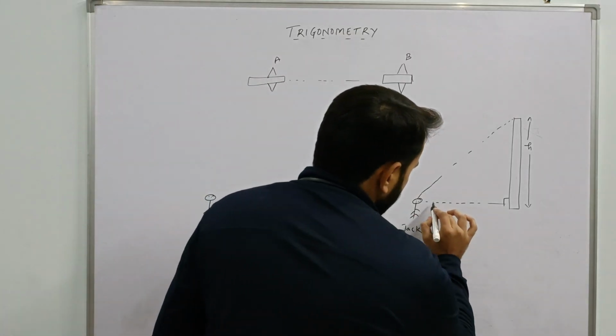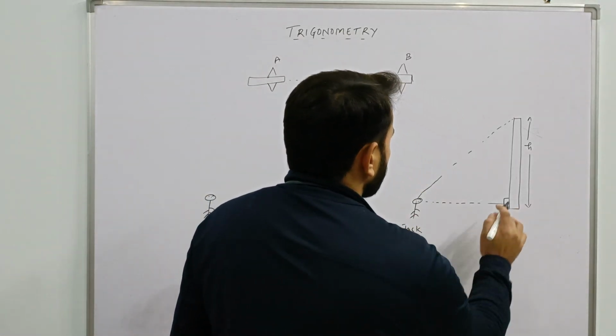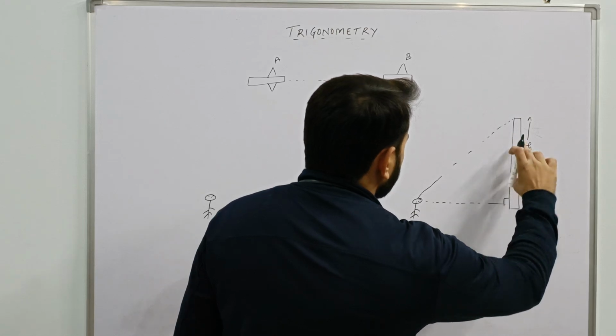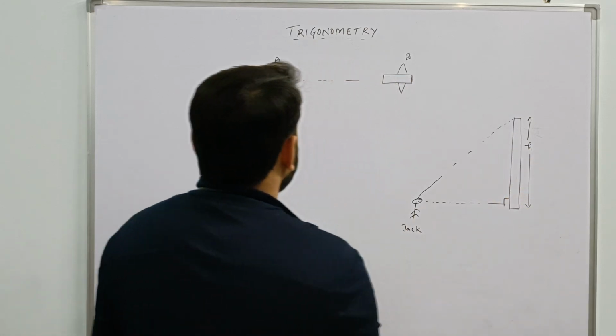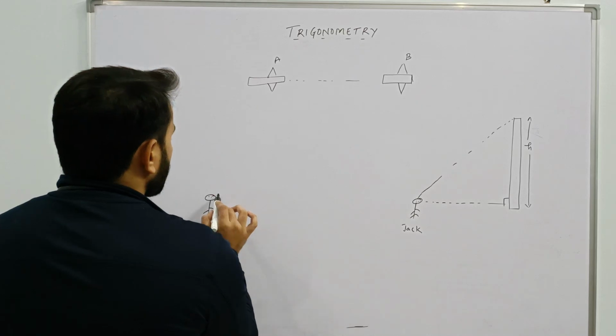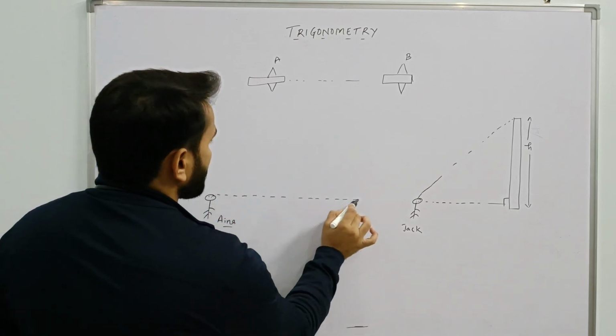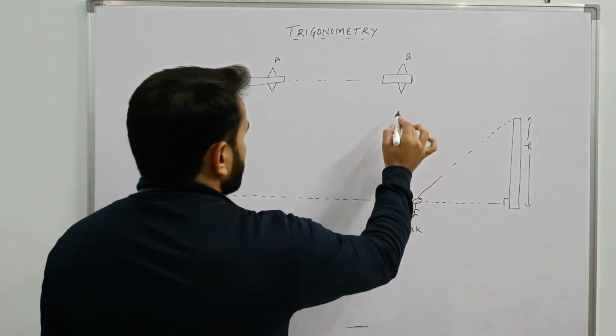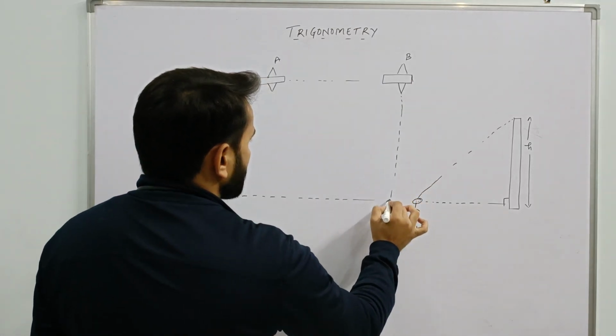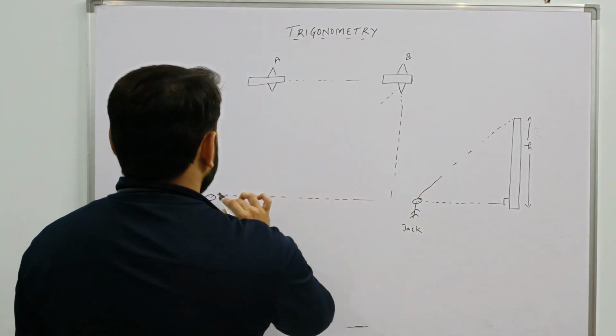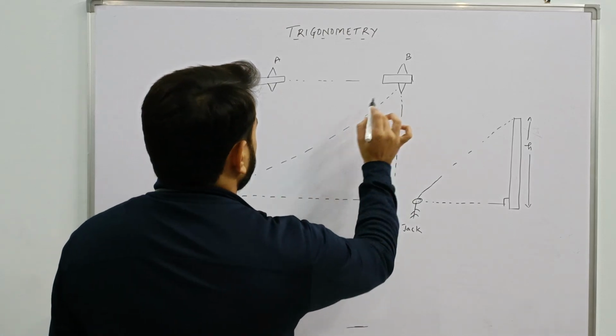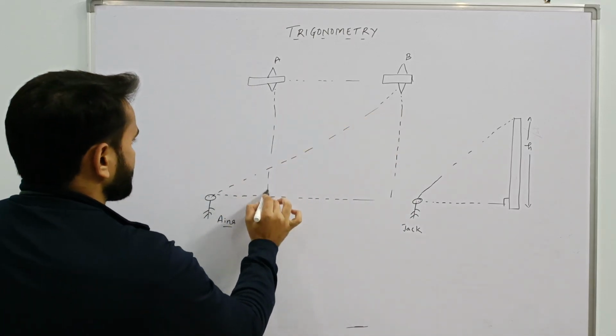If I take this as the horizontal line base, this building will be perpendicular to the ground. Similarly, if I draw an imaginary line parallel to the ground, we can find two right triangles just like that.